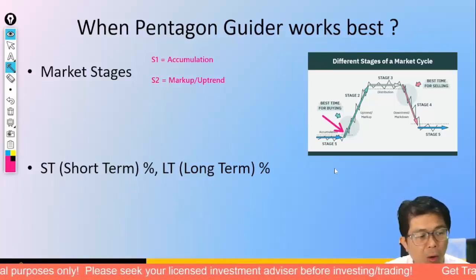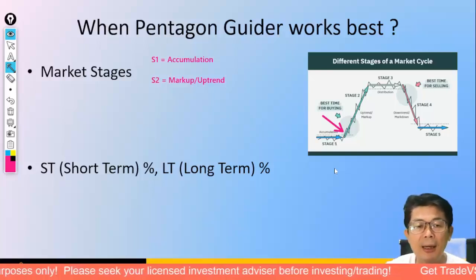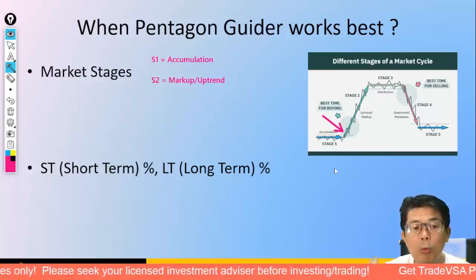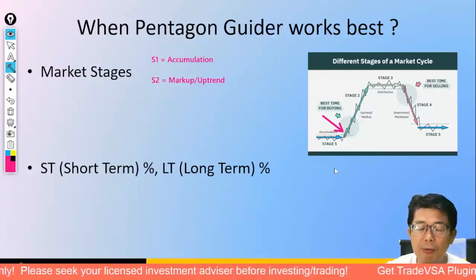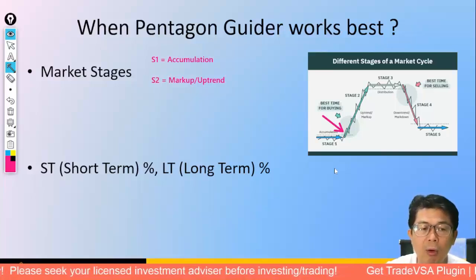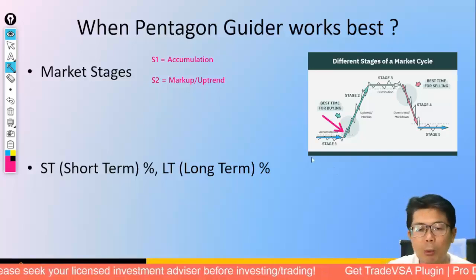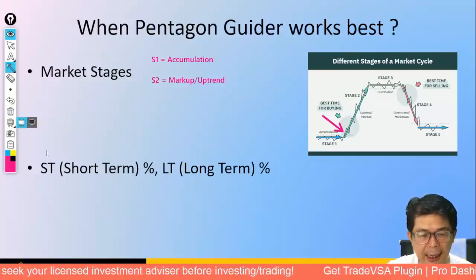Now, does it mean that all Pentagon guided trades will work? Of course not. It also depends on the sensitivity of the Pentagon guider due to the overall market, the market breadth. If the market right now is very, very bullish, then a lot more of the Pentagon guiders become more sensitive. One of the ways we measure this is the ST and LT.